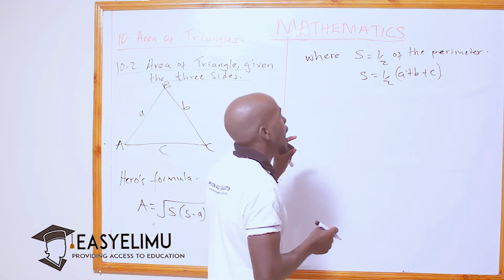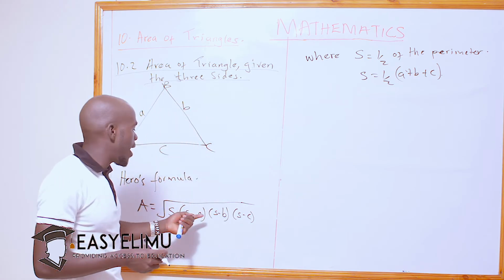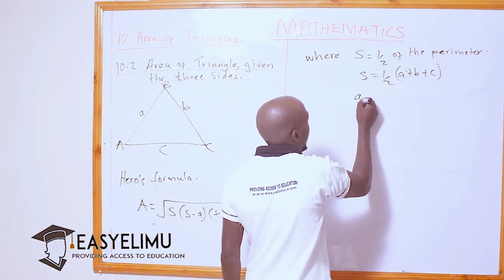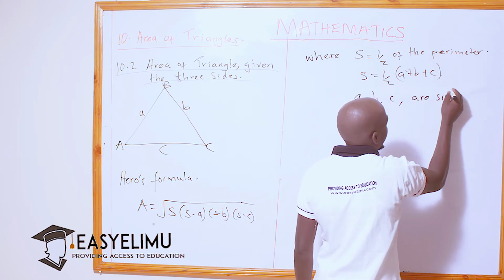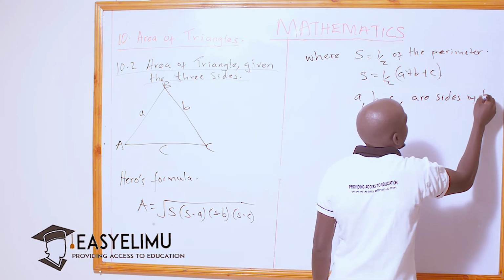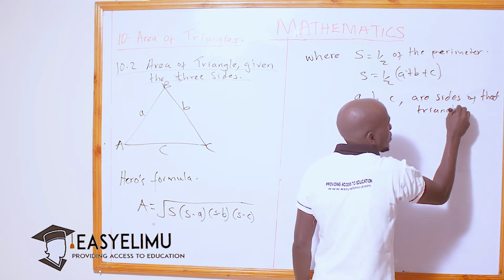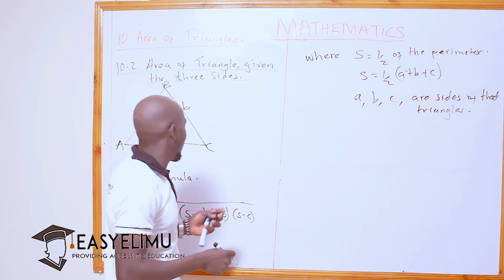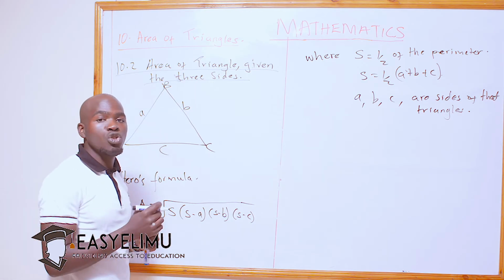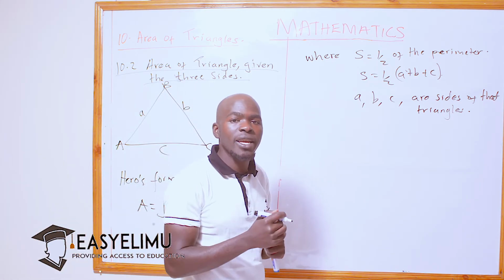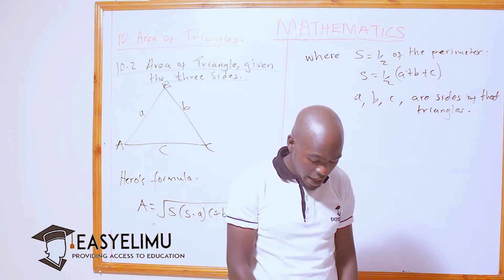So if you find a half of it, you will be finding S. As you can see there, in case you have the measurements, you can use that formula to find the area of any triangle given its three sides.